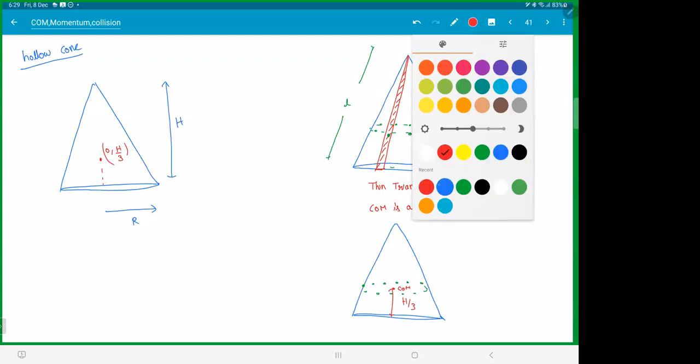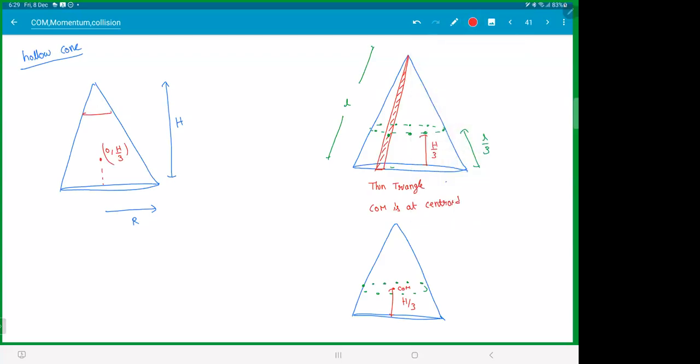The next shape is a solid cone. But still, for the hollow cone, if you want to integrate, you can choose elements like this. The elements will be thin rings.